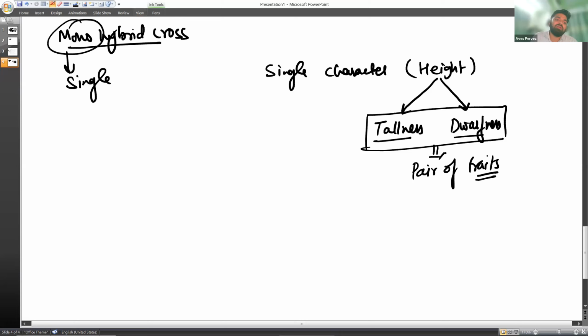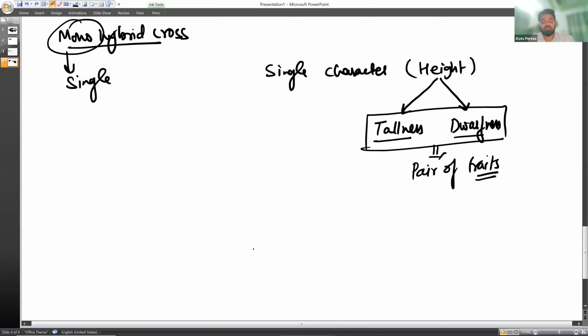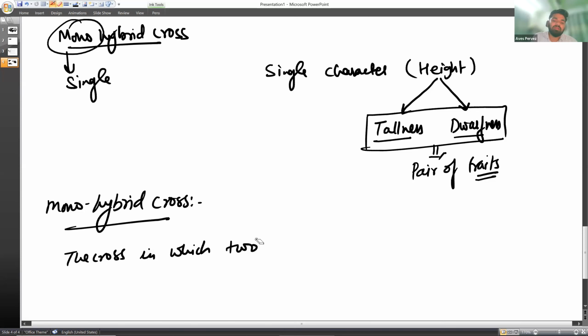So what is a monohybrid cross? The cross in which one character, or one pair of traits, is studied.